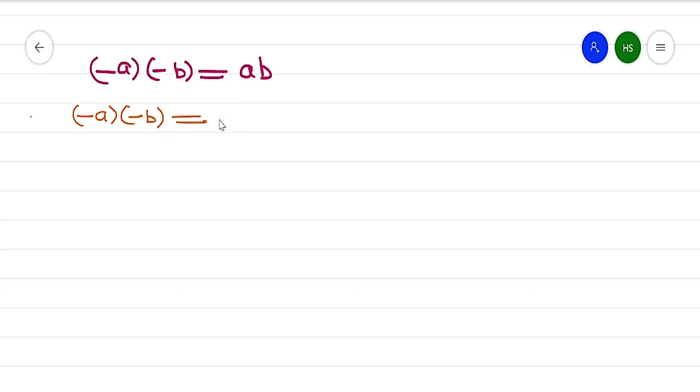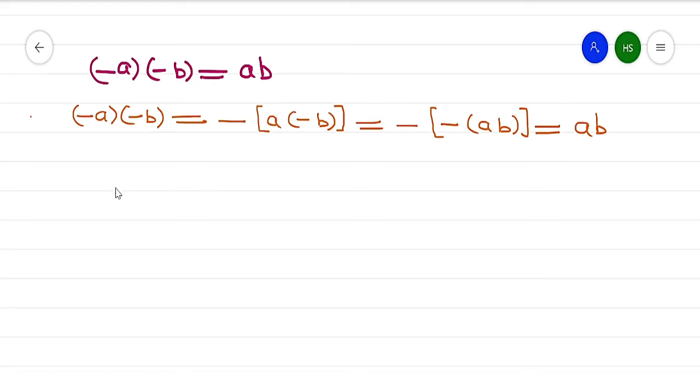Now this can be written as minus bracket a into minus b, by using the previous result. Now again this can be written as minus bracket minus ab. Minus into minus is plus, so this is ab. In this way, we can prove this result. Now property number 4.